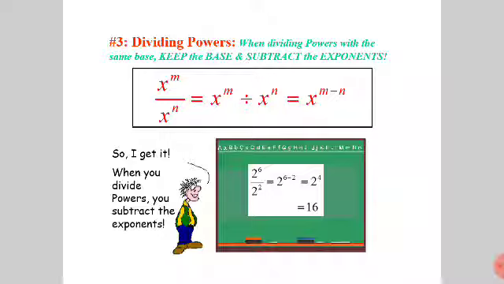So 2 into 2 into 2 into 2: 2 2s are 4, 4 2s are 8, 8 2s are 16. So we get the value of 2 power 6 divided by 2 power 2 as 16. So dividing powers, x power m divided by x power n equal to x power m minus n.